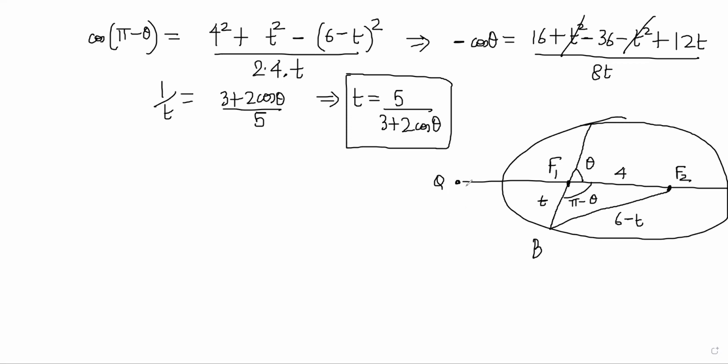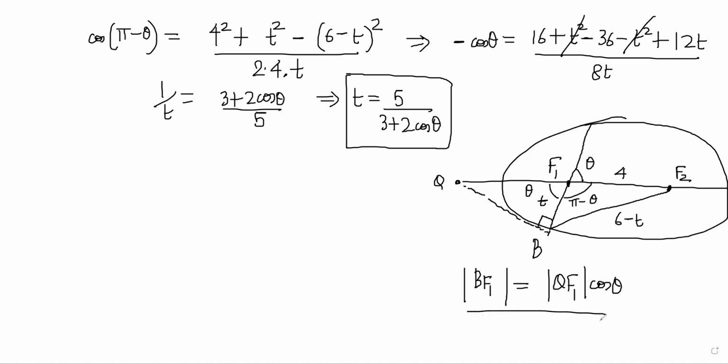If you look at triangle QBF1, this is 90 degrees, in this triangle this angle must be theta, so BF1 mod should be equal to QF1 cos theta. It's a simple right-angle triangle QBF1.